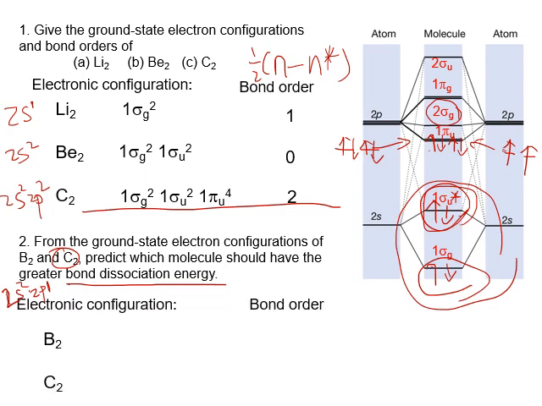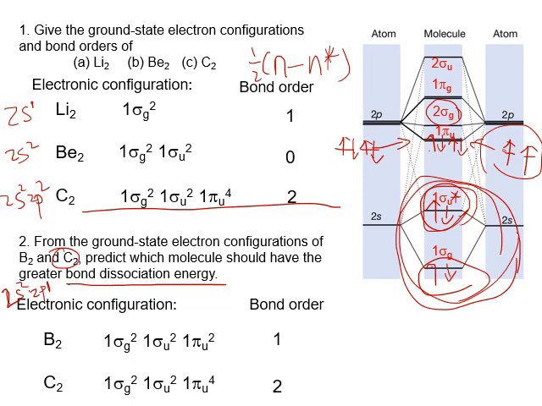Okay, so the electronic configuration for boron is 1σg2 1σu2 1πu2. That's 6 electrons. And the bond order, now again, these two cancel each other, so you only have 2 electrons in the bonding molecular orbital. So 2 divided by 2 is 1. So bond order is 1.